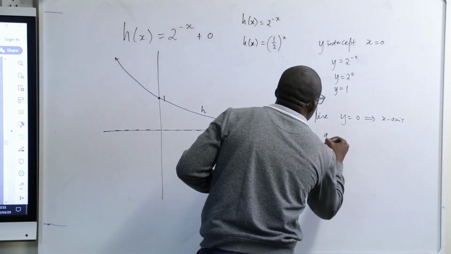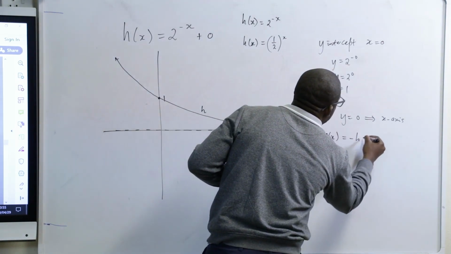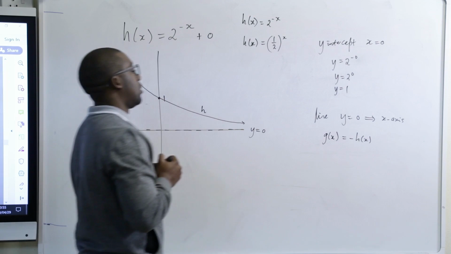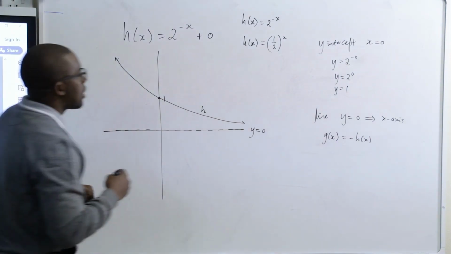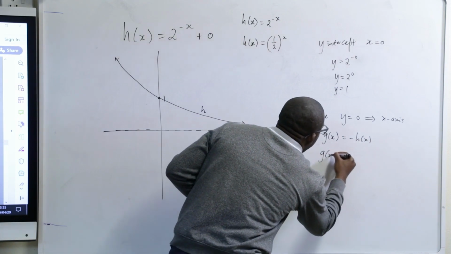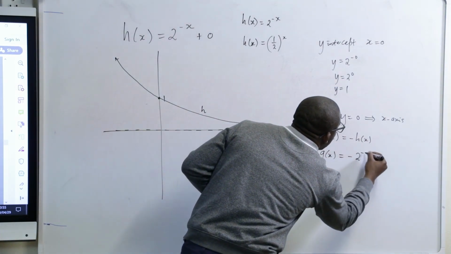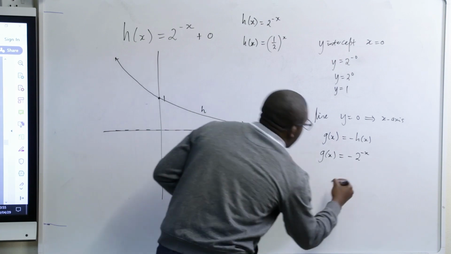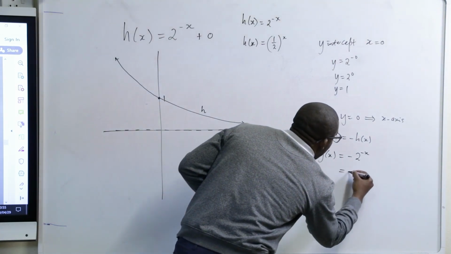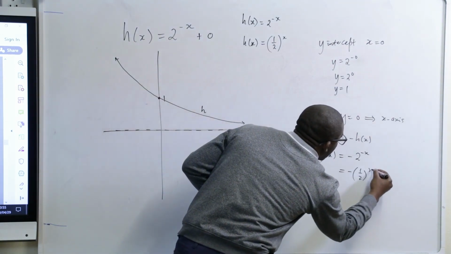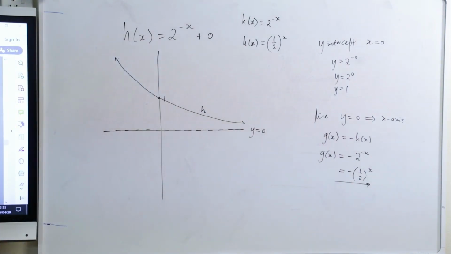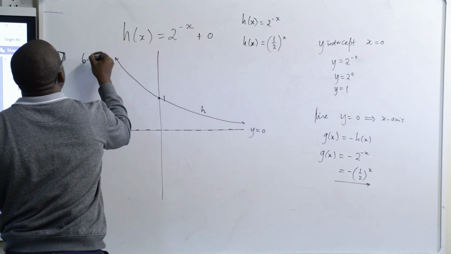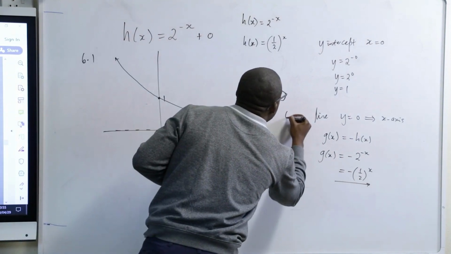So g of x is equal to minus h of x. That means g of x becomes minus 2 to the minus x. Another way to express the same thing is minus half to the x, depending which one you choose. Doesn't really matter, it's still the same thing. This was 6.1 and this is 6.2.